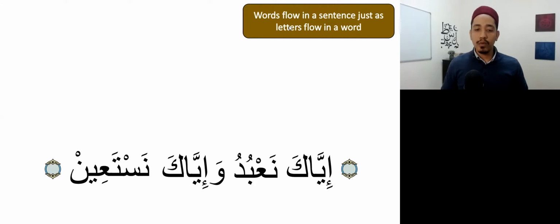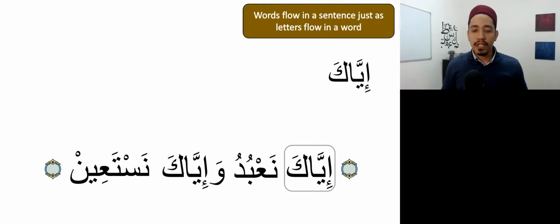Iyyaka na'budu wa iyyaka nasta'in. Can you see that it was read as if it was one word? So let's analyze the sentence. The first word we have is Iyyaka.